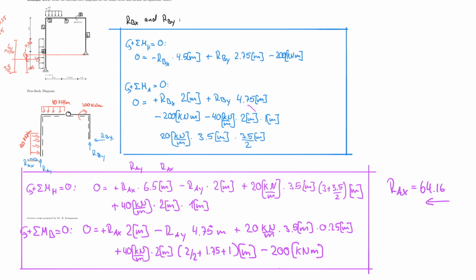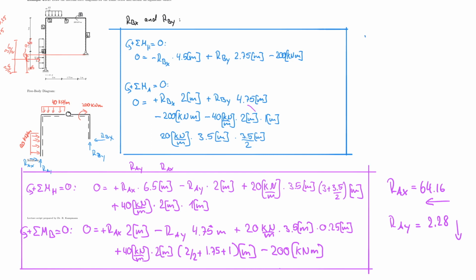So it's just 64.16 to the left, and Ray would have been equal to 2.28, and that is downwards. And so my answer would have still been negative in my two equations with two unknowns. But again, I don't use negative values here or negative values in drawings. So I just make that downwards.